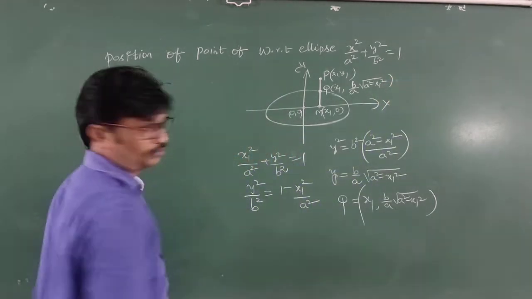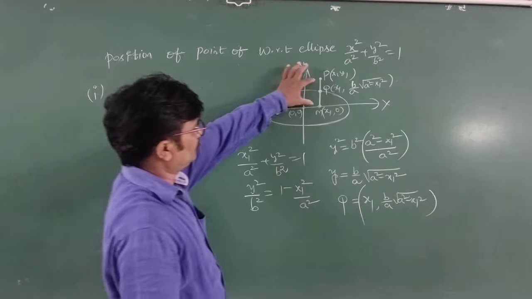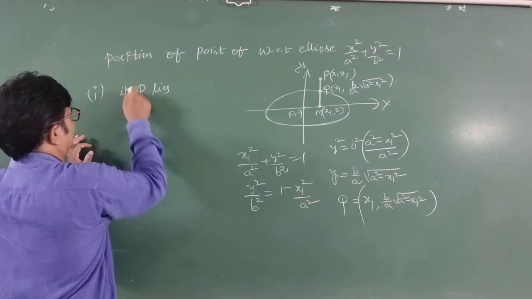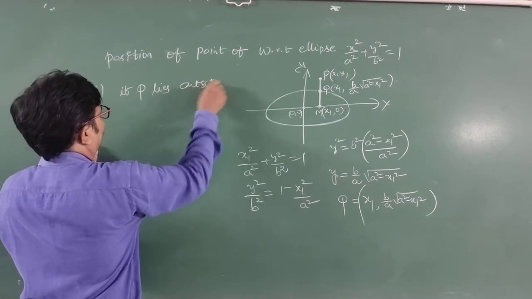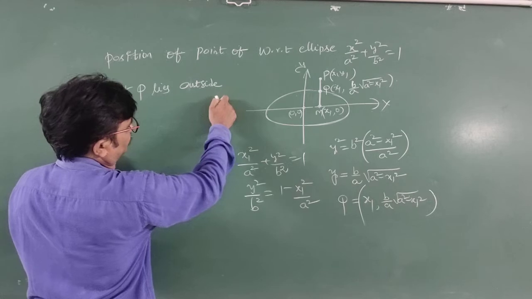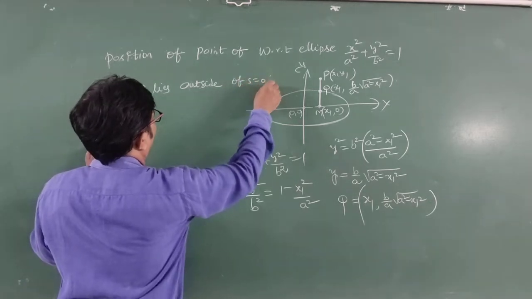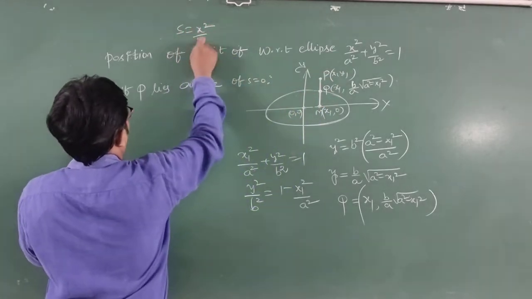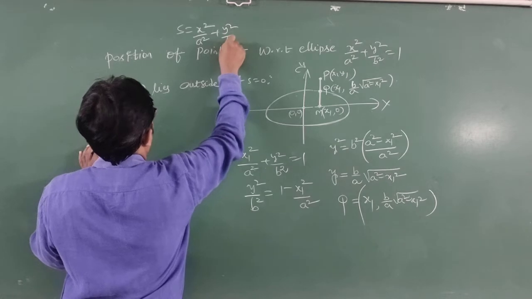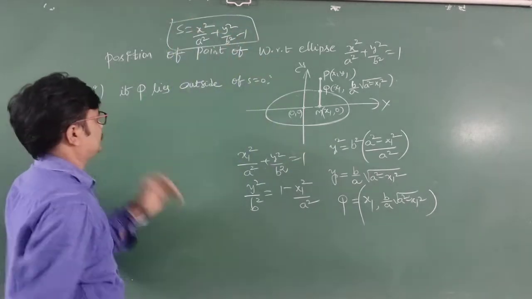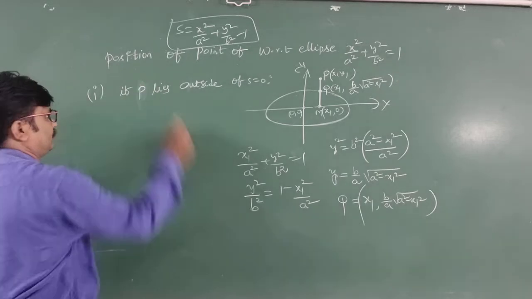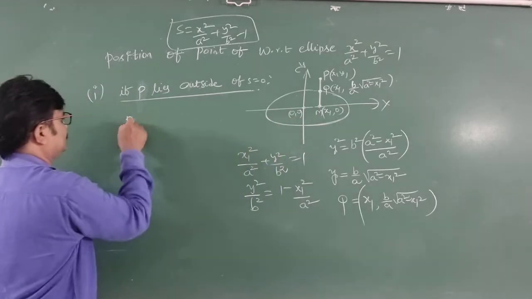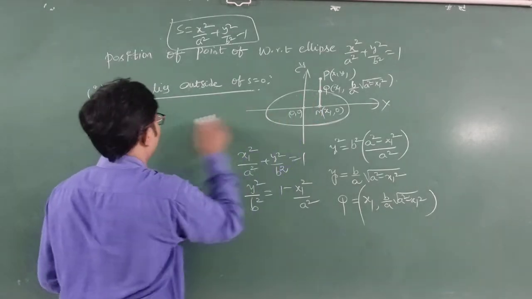Now students, what we observe here: when P lies exterior or outside of S equal to 0, where S is x square by a square plus y square by b square minus 1, the ellipse we are taking as S. Then undoubtedly, students, PM is greater than QM.